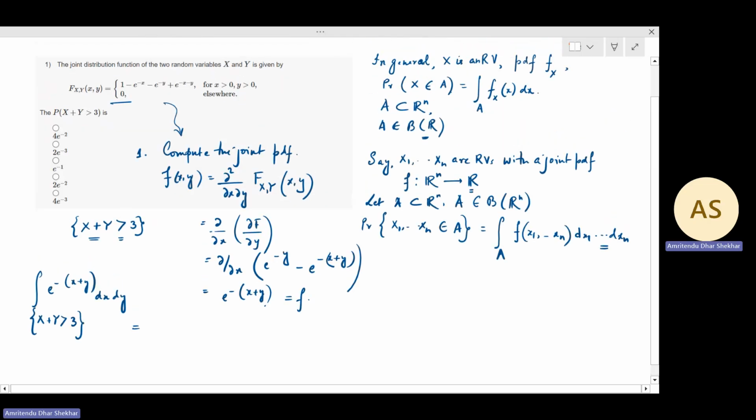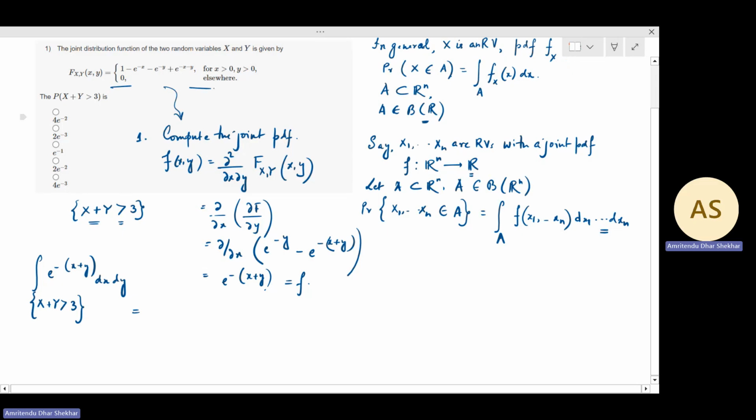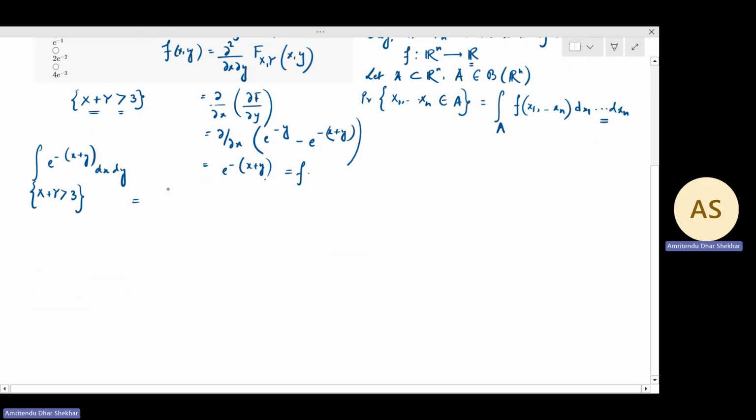It's of course given that x and y are positive random variables. So you can integrate dy first, keeping x constant, or the other way around.